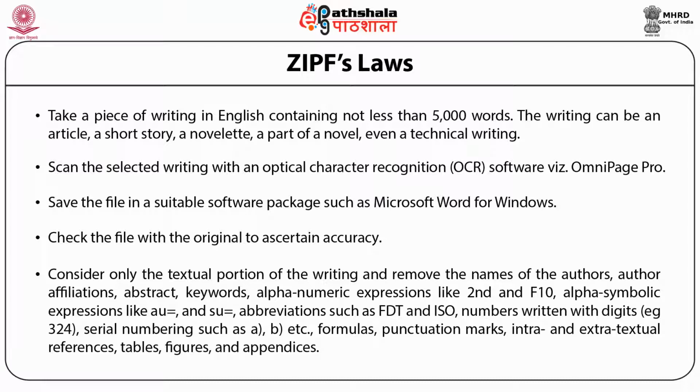abstract, keywords, alphanumeric expressions like second and F10, alpha-symbolic expressions like AU equal to and ACU equal to, abbreviations such as FDT and ISO, numbers in digits e.g. 324, serial numbering such as A, B, C, etc., formulas, punctuation marks, intra and extra textual references, tables, figures, and appendices.